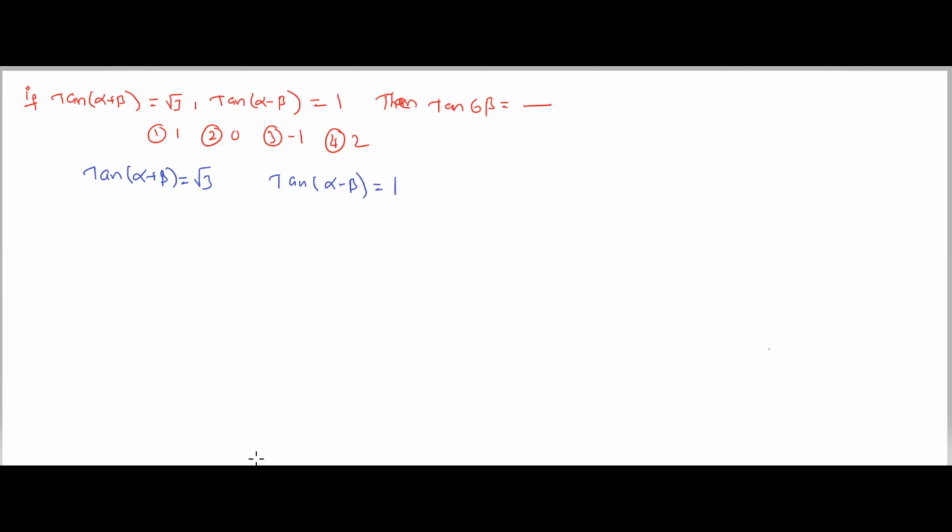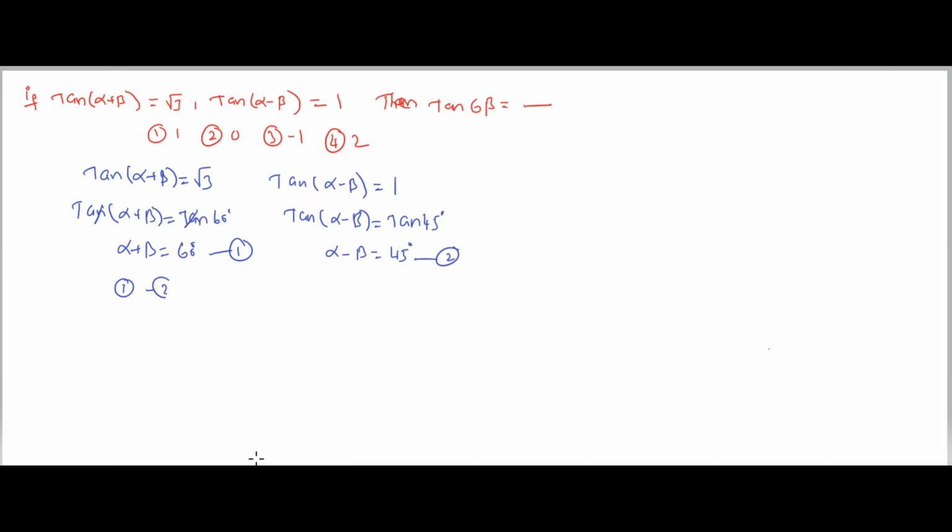Tan of (alpha plus beta) is equal to root 3, whose value is tan 60 degrees. Both sides tan cancelled, alpha plus beta is equal to 60 degrees. Similarly, tan of (alpha minus beta) is equal to tan 45 degrees, so alpha minus beta is equal to 45 degrees. This is the second equation and this is the first equation.